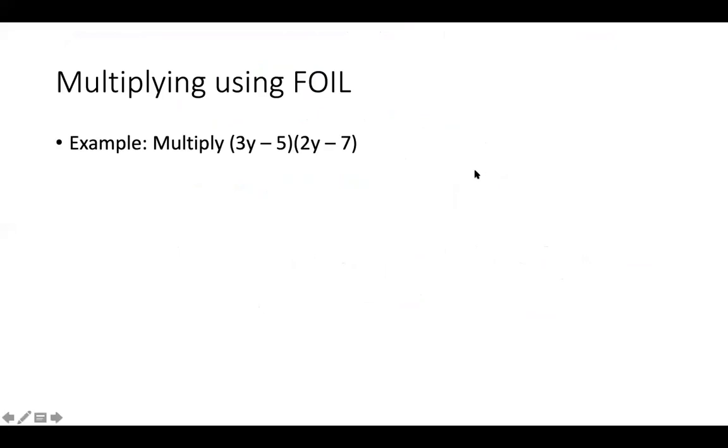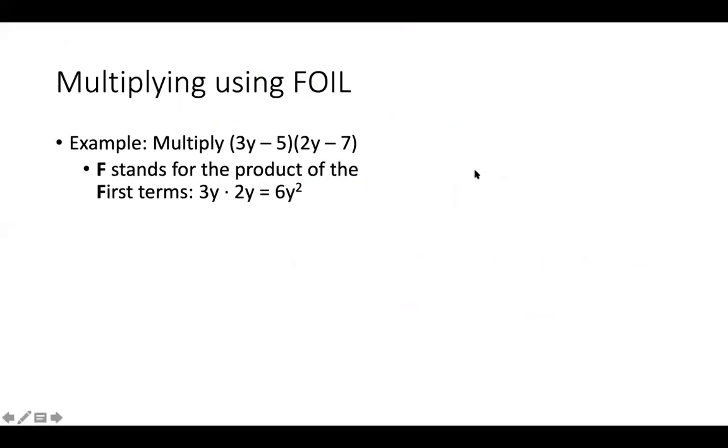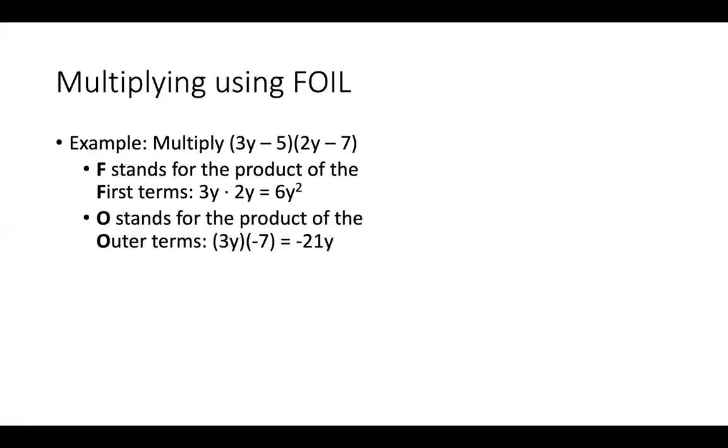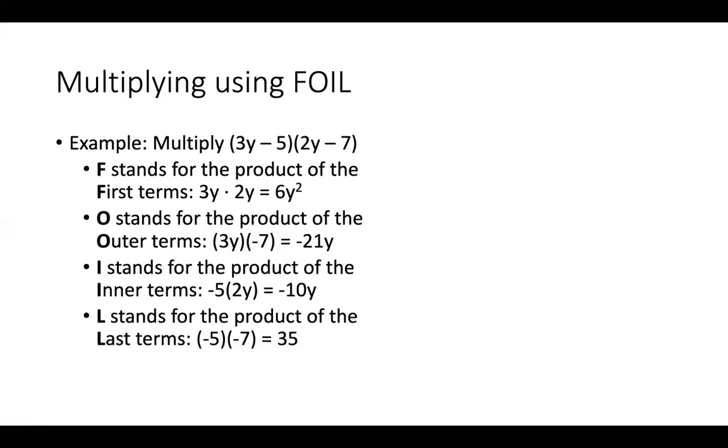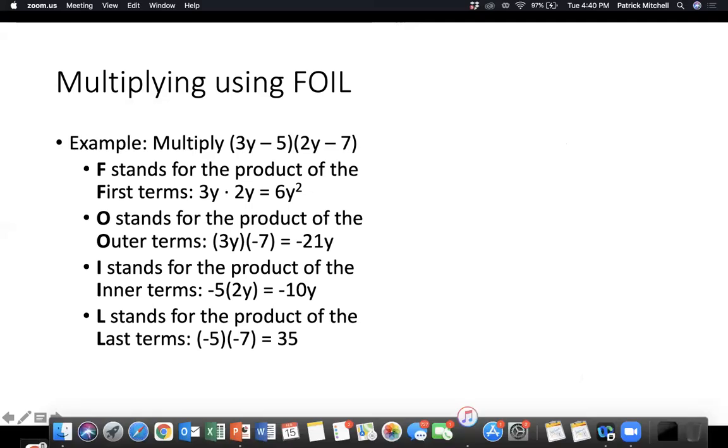All right, so this is basically what you just saw on the tablet. FOIL stands for first, outer, inner, last. And so I guess the one thing I could do is finish off this problem.